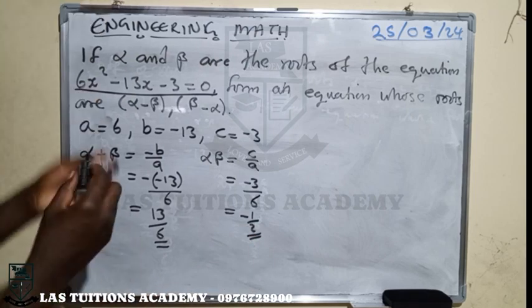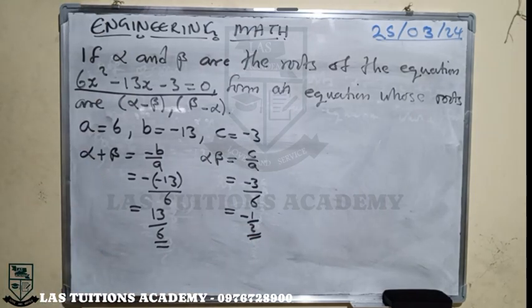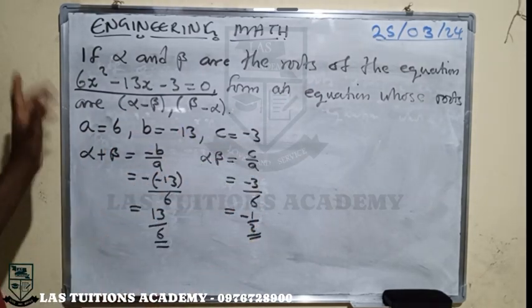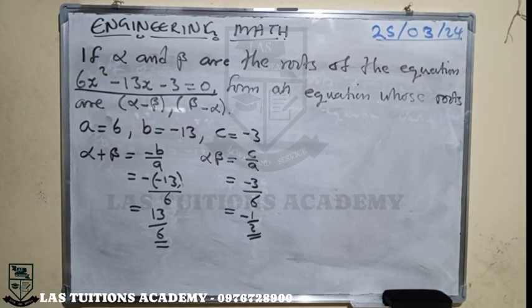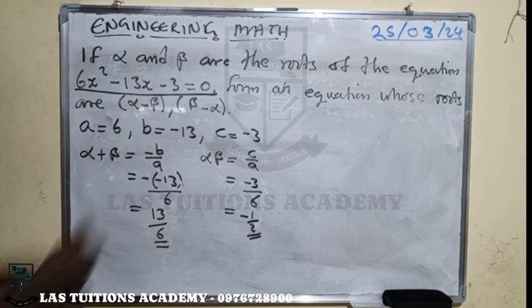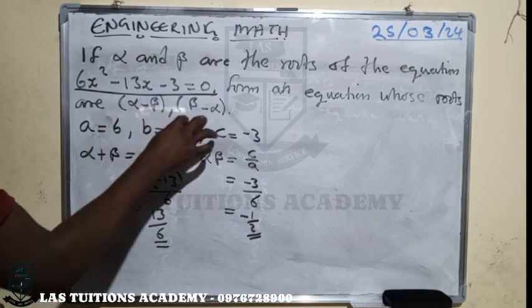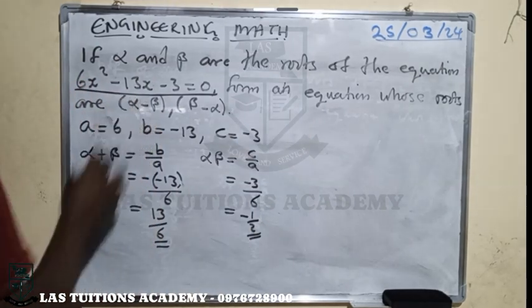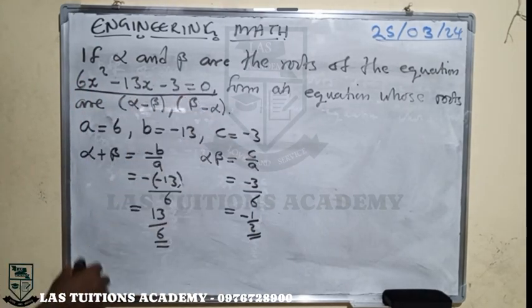So whenever you're given such an equation, this is very important. Always start with doing this. Find A, B, C, then find the sum and the product of the given equation. Then from there, come to the new roots that you are given. So we have the new roots which are alpha minus beta and beta minus alpha. These are the new roots that you are going to put in that equation.